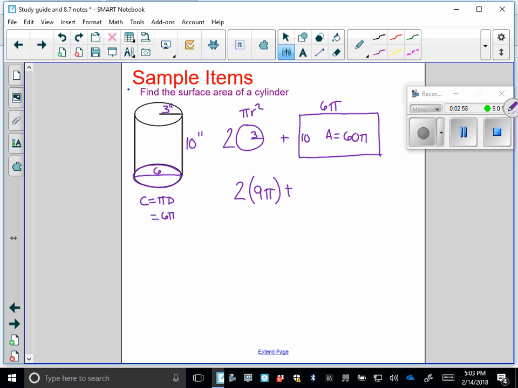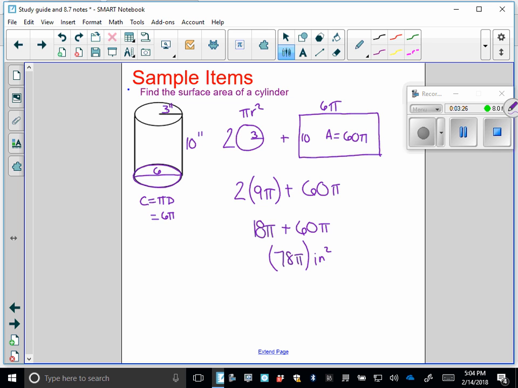So 2 times 9 pi plus 60 pi makes 18 pi plus 60 pi, and that's 78 pi. And the units are squared inches. That's how you do surface area of a cylinder.